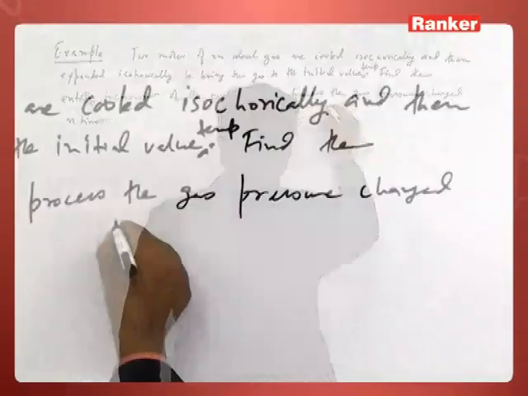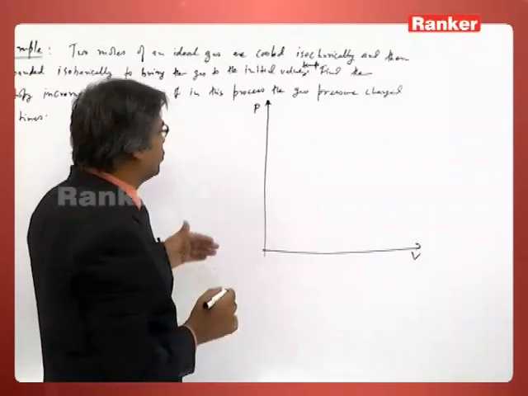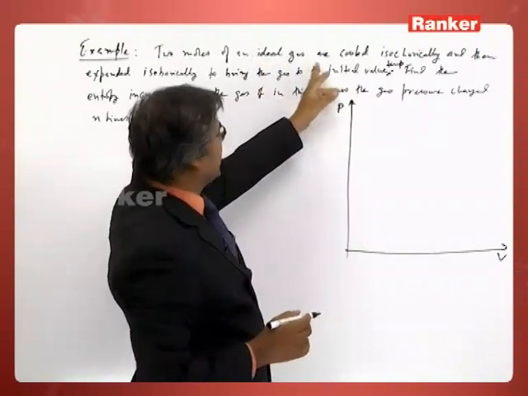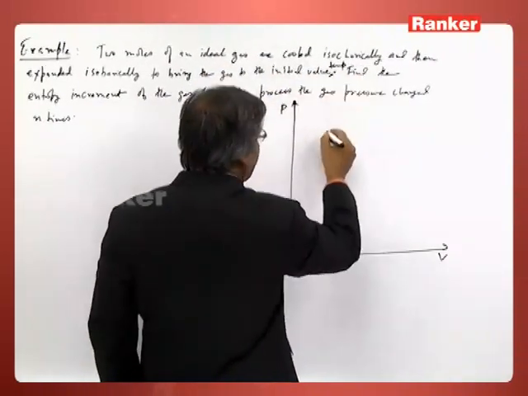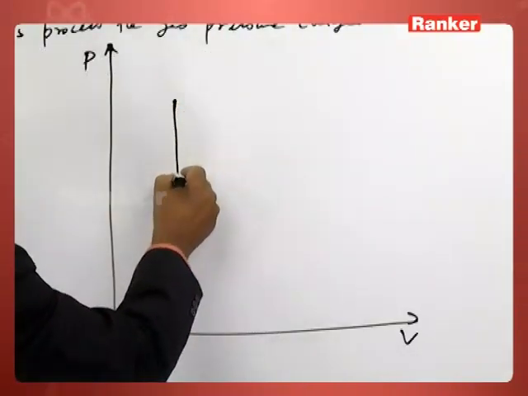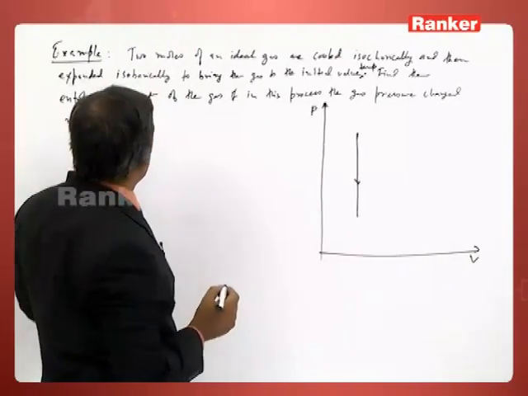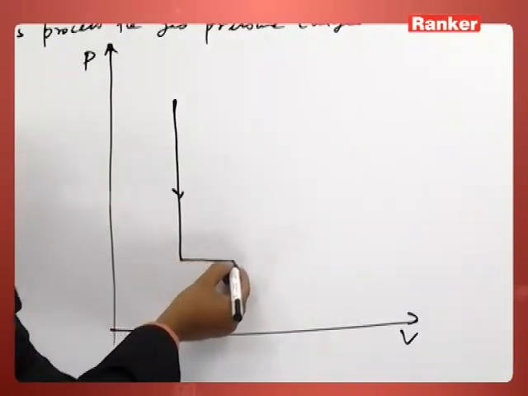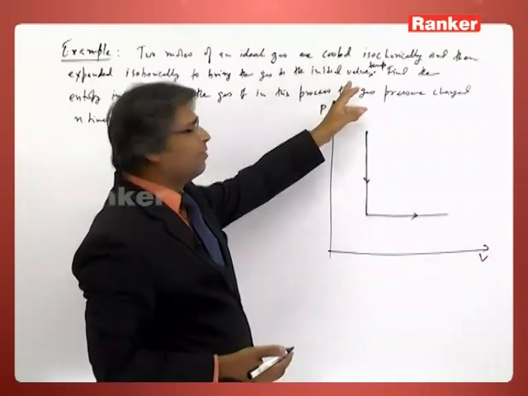Now you see this is our PV diagram. Let us first use the PV diagram to understand what we are talking about. We have a certain number of moles of an ideal gas. Suppose the ideal gas is here, it is cooled isochorically, so it comes down like this, and then expanded isobarically, so that the gas goes to the initial temperature.